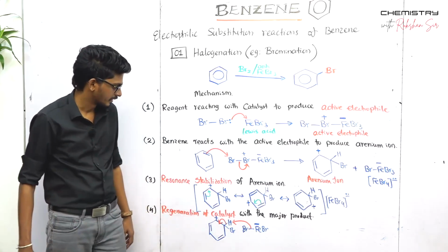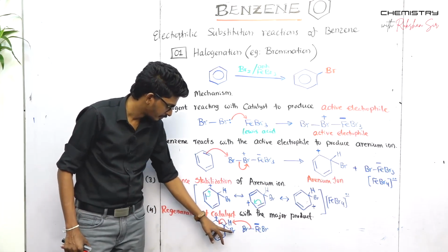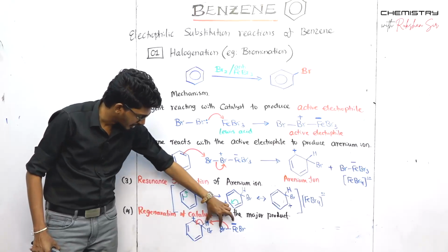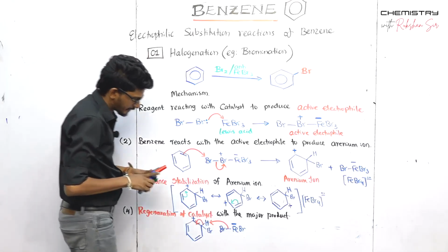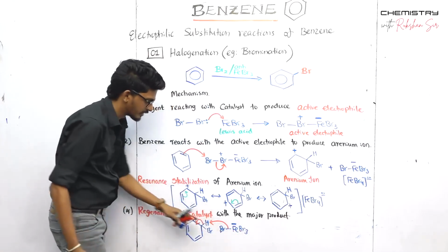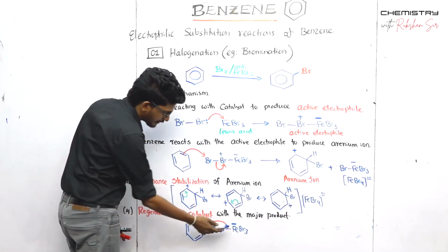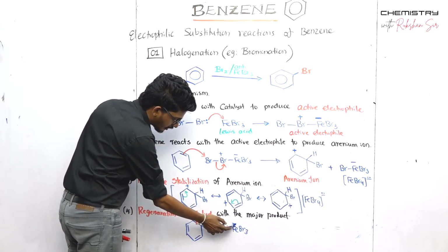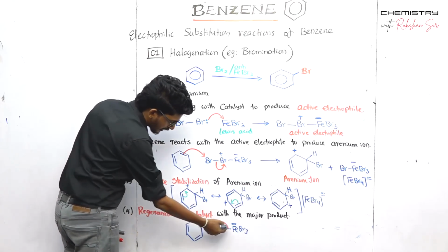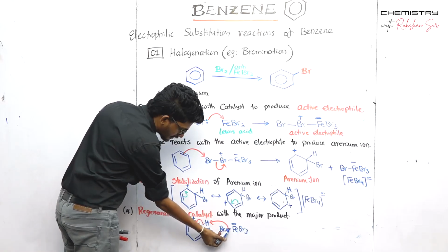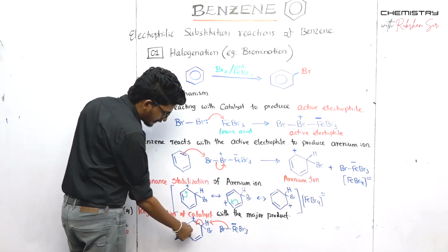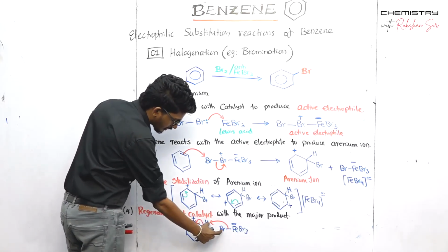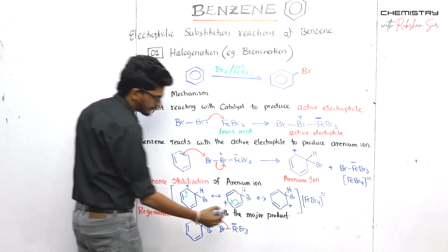The products are bromobenzene, benzene with the bromine, and HBr, and this thing will be left as FeBr3, because as Fe loses this electron, the negative charge of the Fe also disappears. So the ultimate products are benzene with the Br, the HBr and the FeBr3.